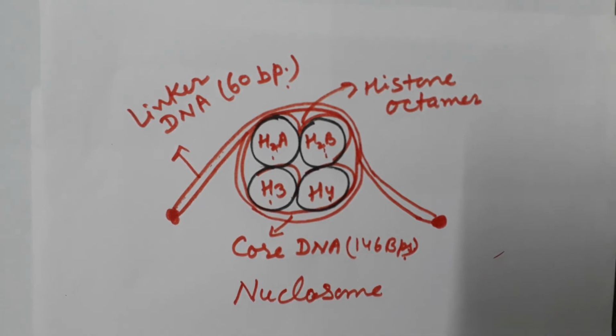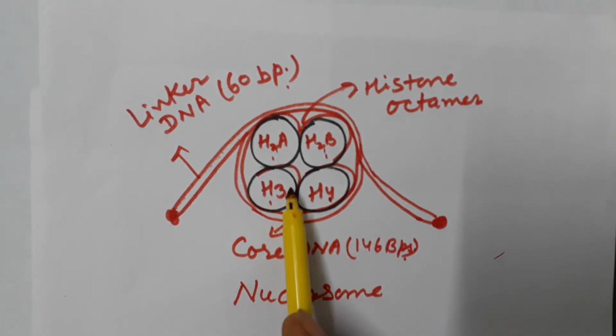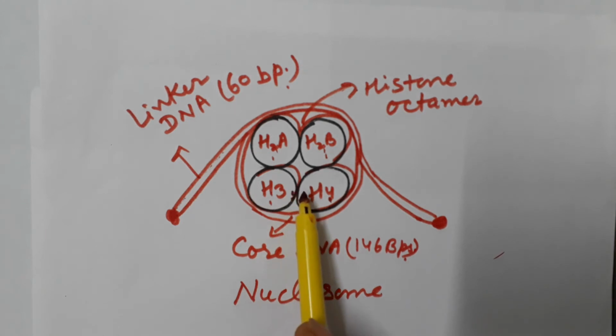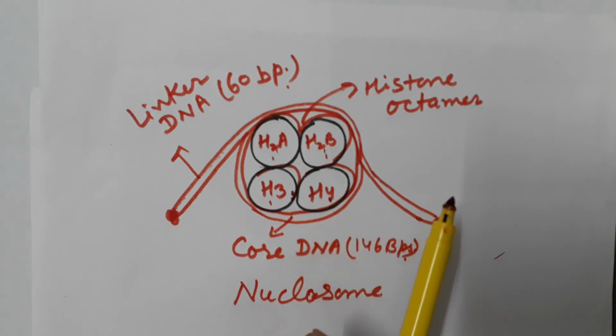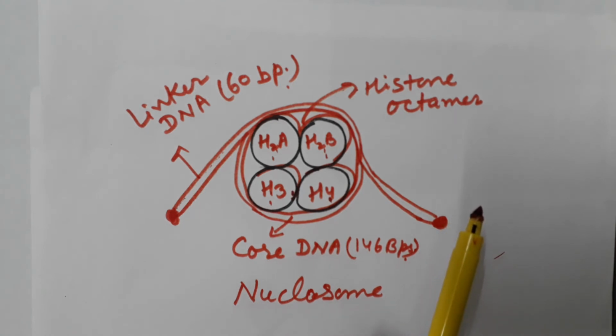Now if we imagine there are 8 balls and we try to hold them together by wrapping a ribbon-like thing around them, as soon as we let go, the string will open and the balls will fall apart. So there has to be a clamp-like structure to hold them. On top of this, there is one more histone protein, H1.